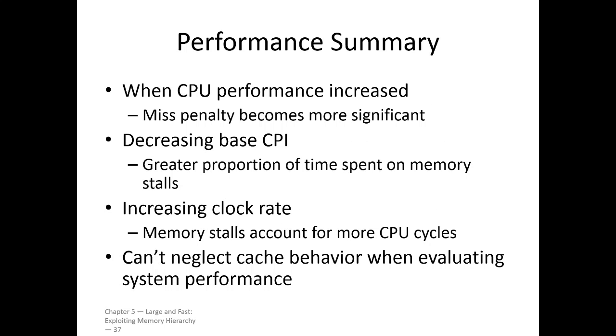Here's a good summary on performance, and probably a good place to wrap up this first presentation. When CPU performance increases, the miss penalty becomes more significant. This is a cool thing to think about, but like many of the other things we've talked about with the CPU, as your CPU gets faster, or your effective CPI gets better and better, suddenly your cache performance has to follow suit.